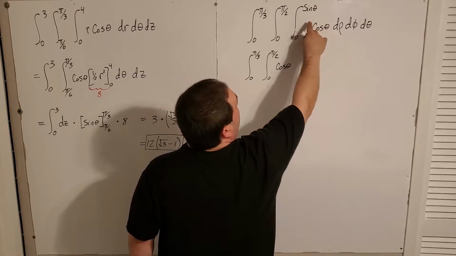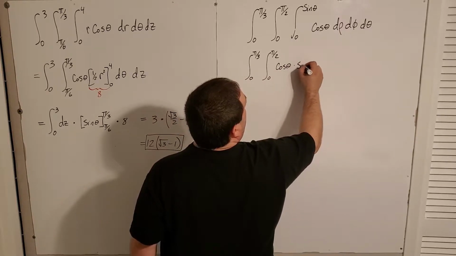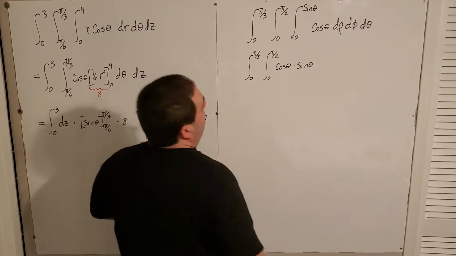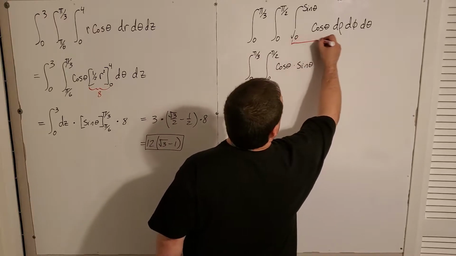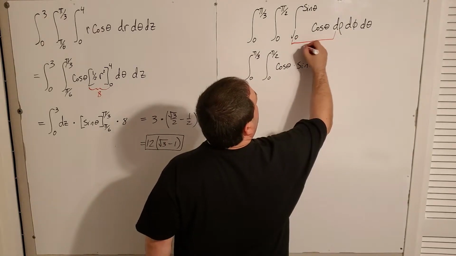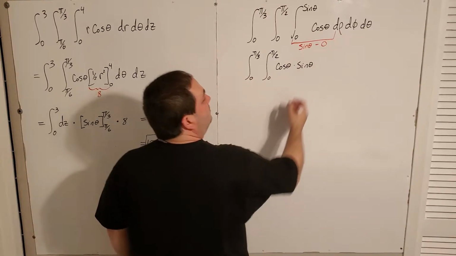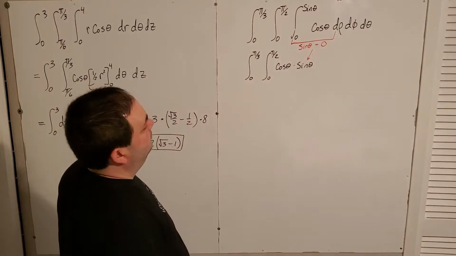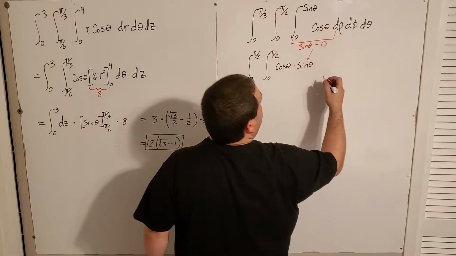That's just rho, which is going to give me sine theta minus 0, or just sine theta. That's this piece right here. The integral, antiderivative, d rho, just gave me sine theta minus 0. Hence, the sine theta here. All right. We still have d phi d theta.